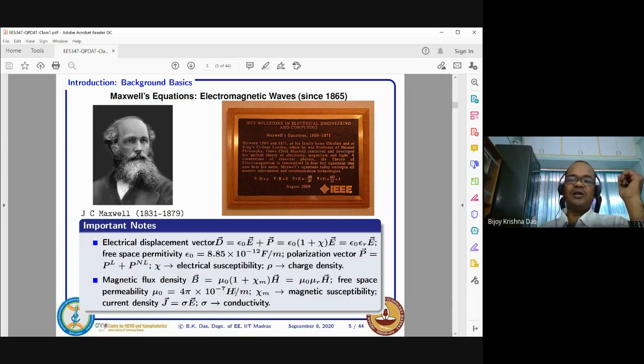The first is the displacement vector and charge, and then the magnetic field divergence. That means divergence B equals 0, because we know there is no magnetic monopole. Always there is a north pole and a south pole. This is a combined thing. Always you can consider that. But there are advanced techniques.